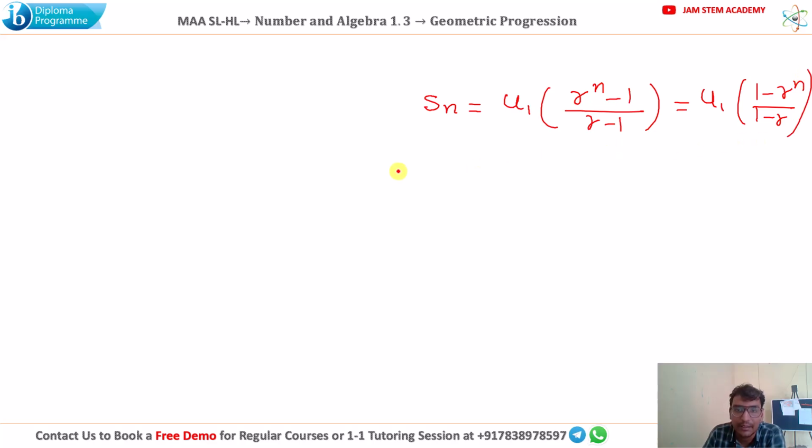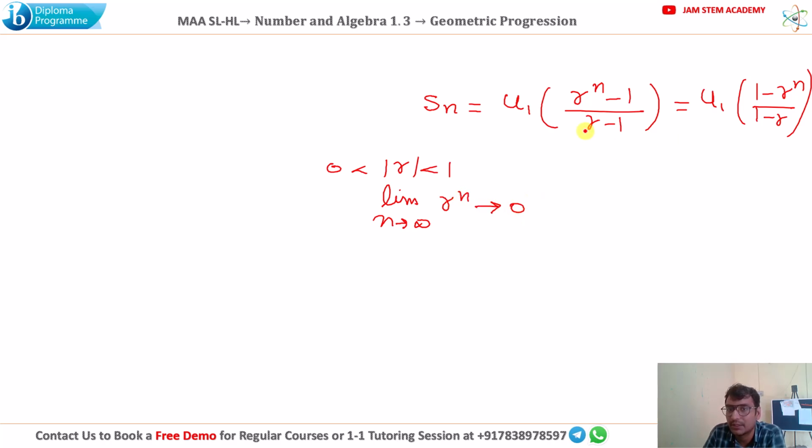Now, as I said, my common ratio magnitude value is lying between 0 to 1. So if limit n tends to infinity, meaning I take infinitely many terms, then r raised to the power n will become 0.